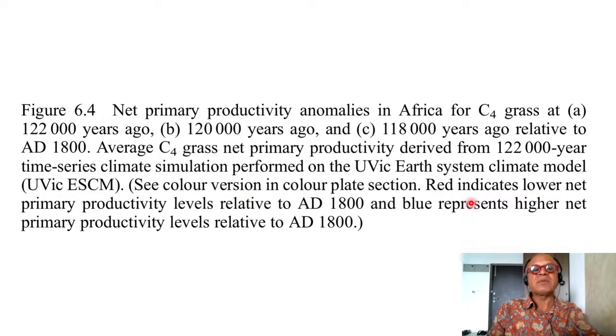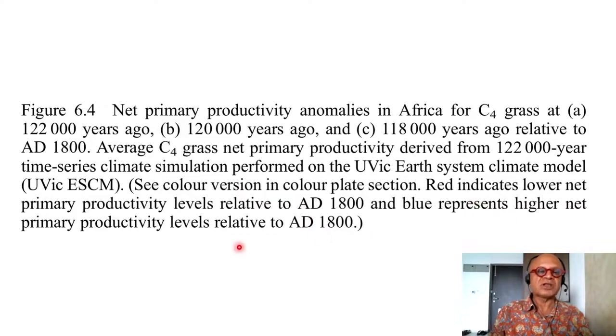Okay, so net primary productivity anomalies in Africa for C4 grass at 122,000 years ago, 120,000 years ago, 118,000 years ago relative to 1800. Average C4 grass net primary productivity derived from 122,000 year time series climate simulation performed on this UVic model.